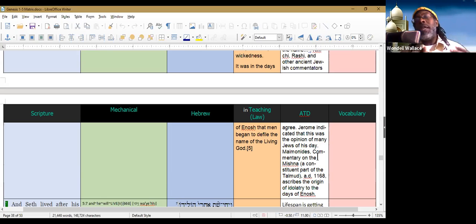So anyway, what it's basically saying is that during Enosh's day, men started to yield to idolatry. And instead of calling on the name of God, they started calling on the name of other gods, or started naming their idols different god names or whatever.